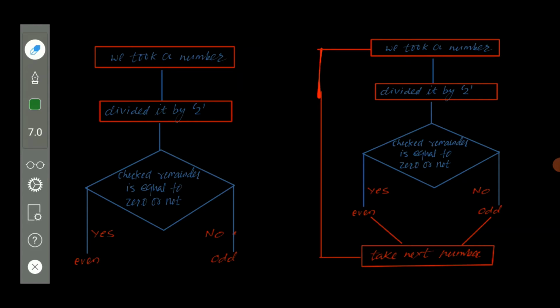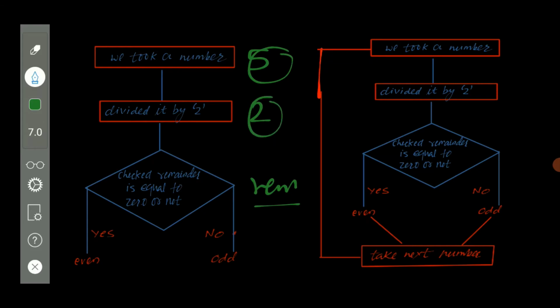Initially, we took a number, then we divided it by 2, then we checked the remainder. So similarly, we will feed a number to Matlab in this stage, then we will ask it to divide it by 2, then we will ask it to equate the remainder to 0 and give the results depending upon the remainder.